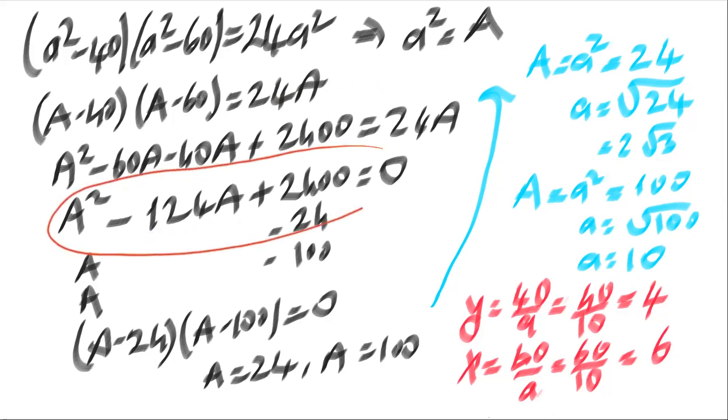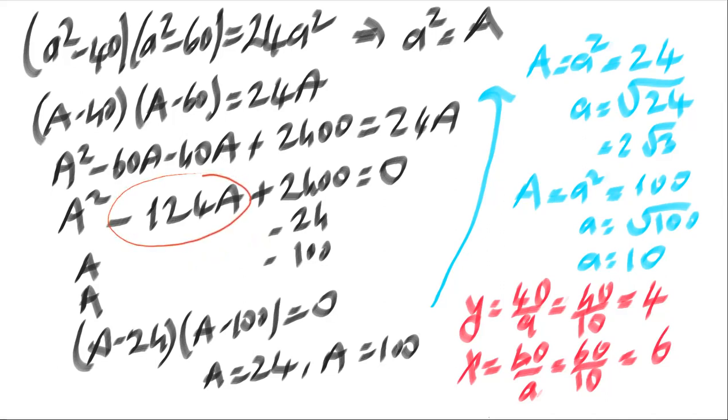So to solve this, you need to know how to solve quadratic equations. So if you do not know, you need to check this topic. So we factorize these ones. So this is A times A, and this is 24 times 100. So when we do cross product and add the results, we need to get the middle one.